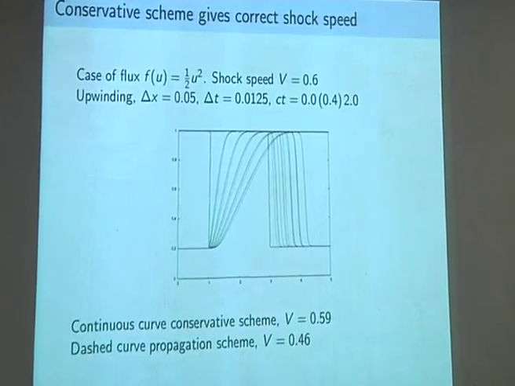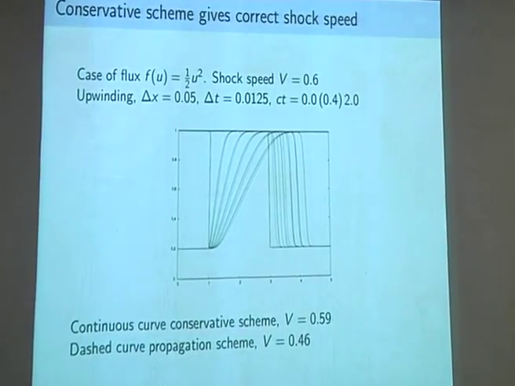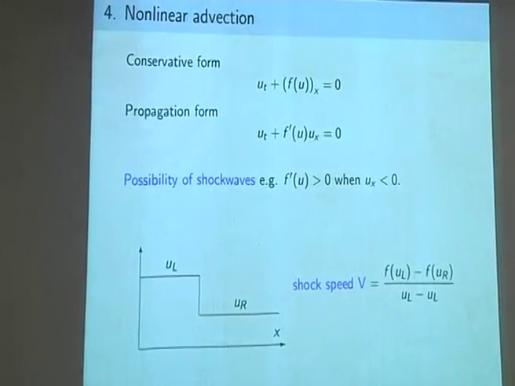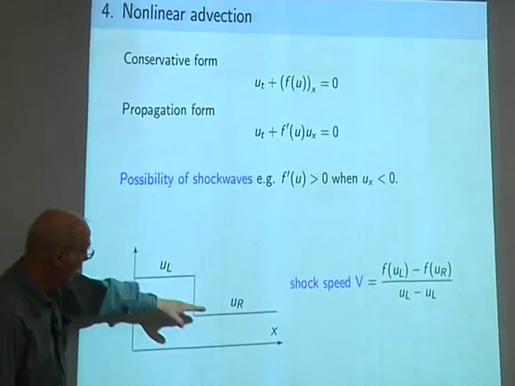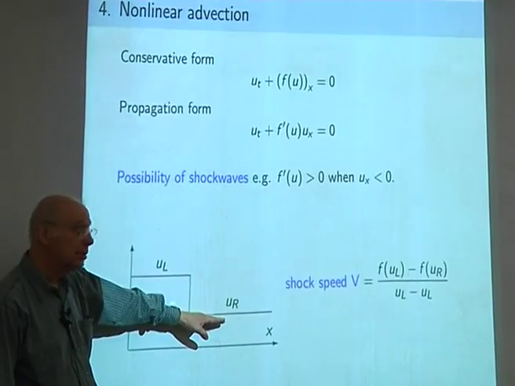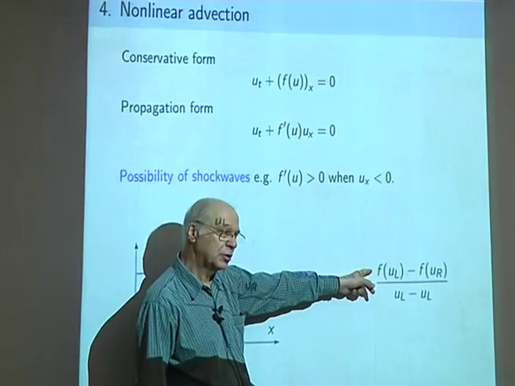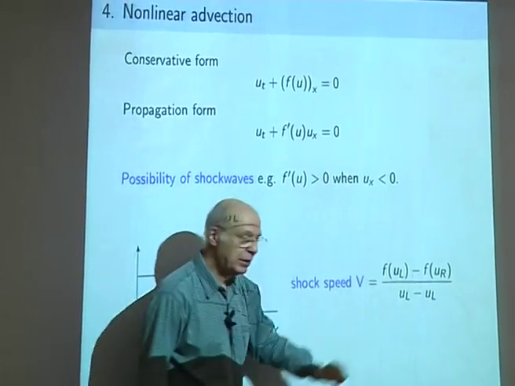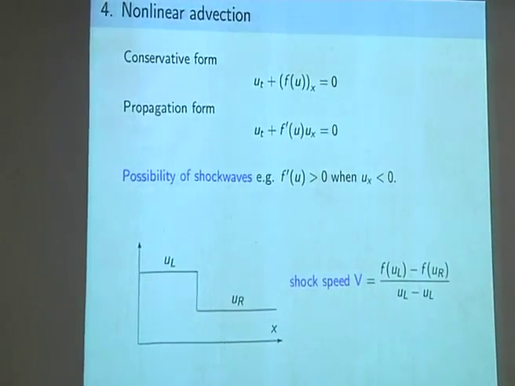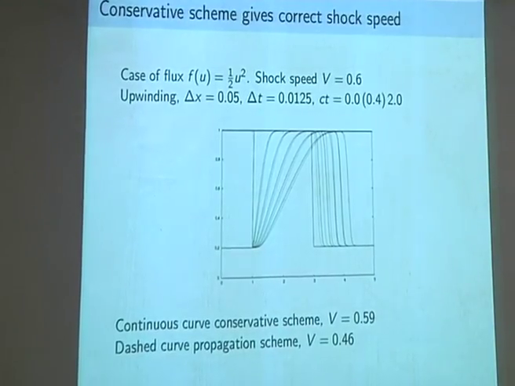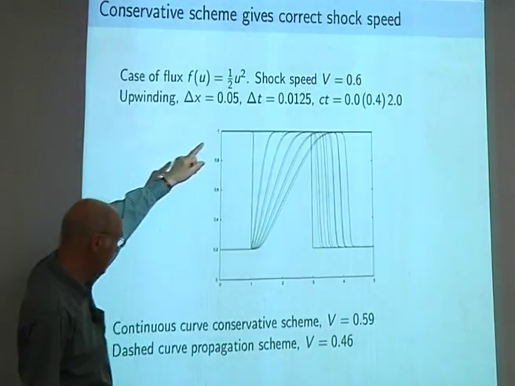And the interesting thing is, theoretically, the speed of the shock, as we had 1 and 0.2, if you do the arithmetic with the flux as a half u squared, you find the speed of the shock is 0.6. So theoretically, the speed of the shock should be 0.6.